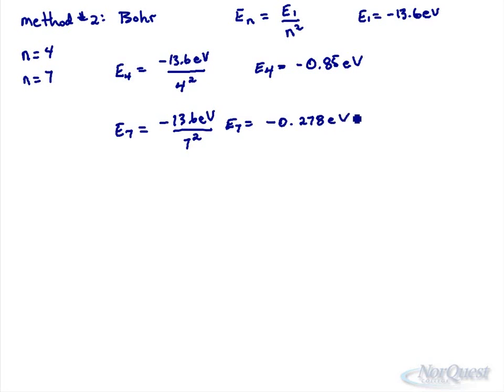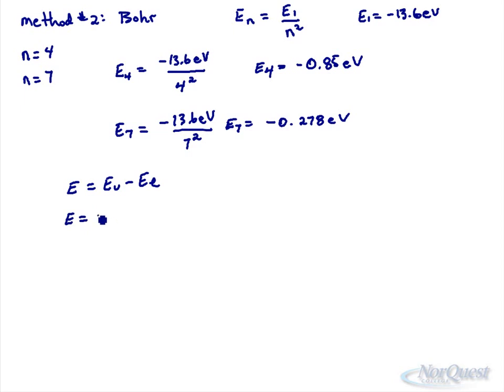And then what he would do is calculate the energy of the transition. He would use the other formula I showed you, E upper minus E lower, and he would find out how much energy was given off or absorbed in going from level 4 to 7 or 7 to 4, depending how your question was worded.